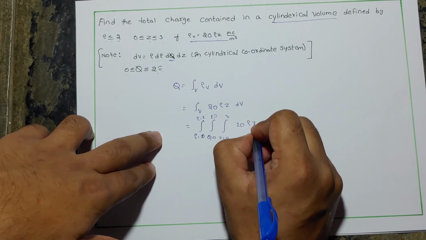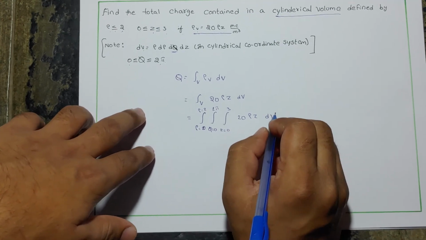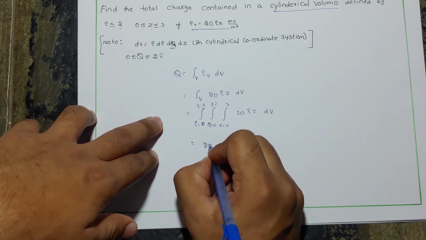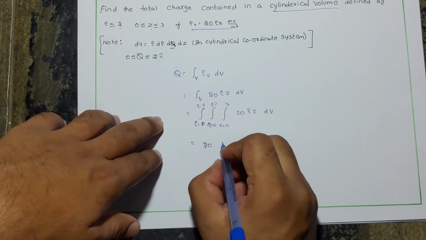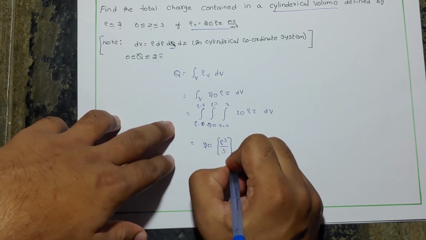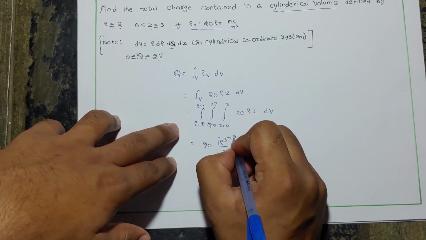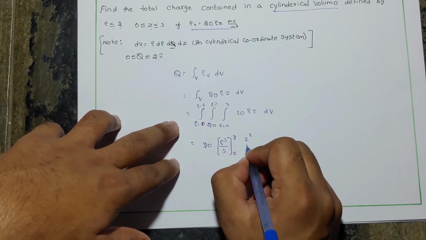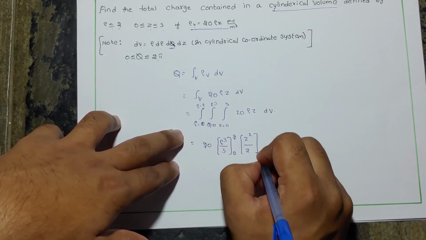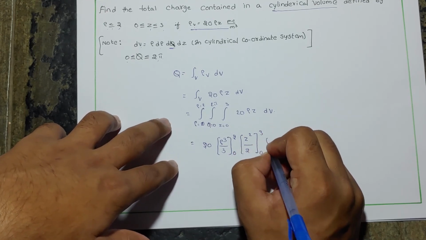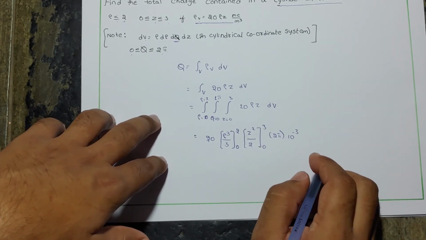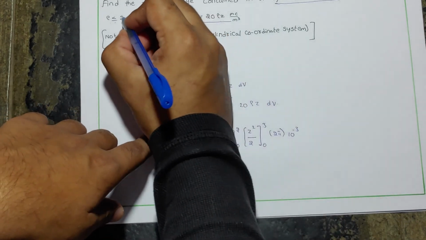20 rho z into dv, which is equal to, as 20 is a constant, get it out and apply the integration: rho cube by 3 in the range of 0 to 2, z square by 2 in the range of 0 to 3, into 2 pi, into 10 power minus 3, as it is a centimeter.